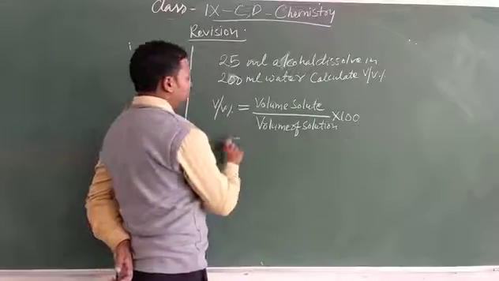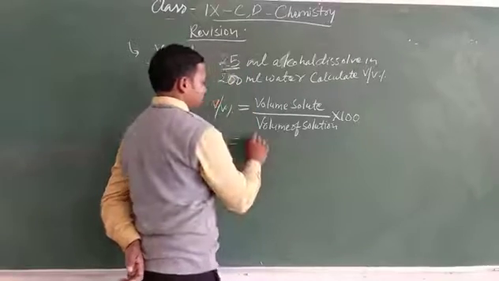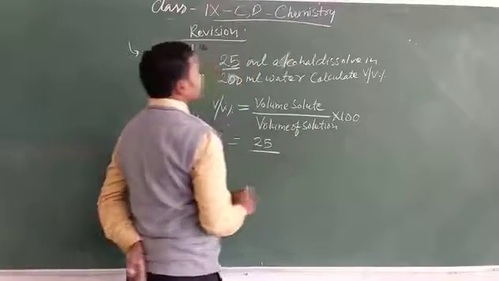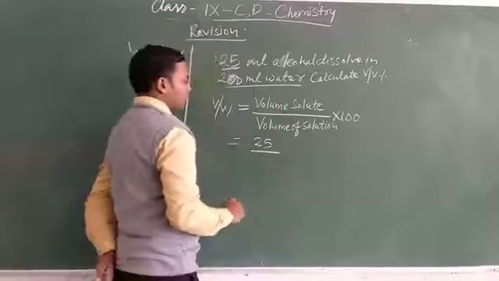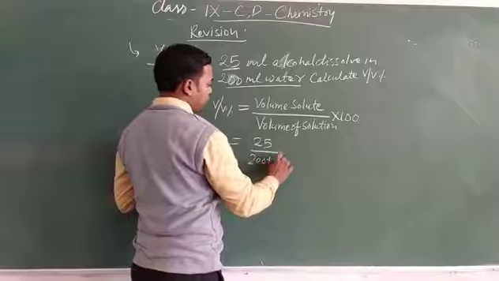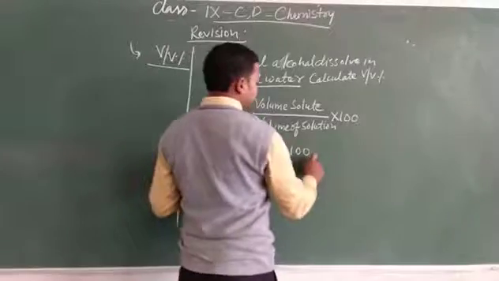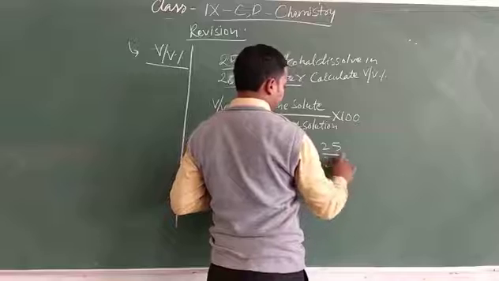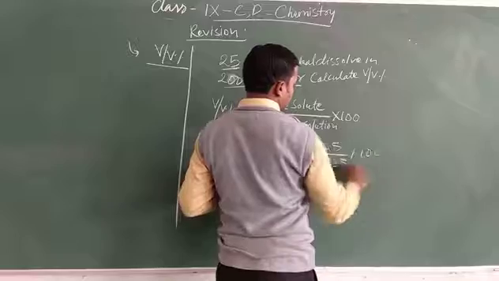Let's put the value: the volume of solute is 25 ml. So 25 is divided by the volume of solution, which is 200 ml water plus 25, that is 225, into 100.